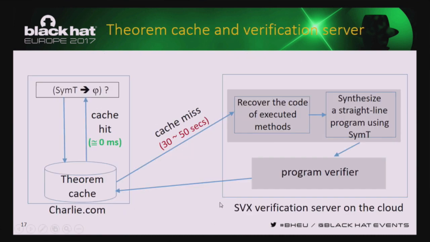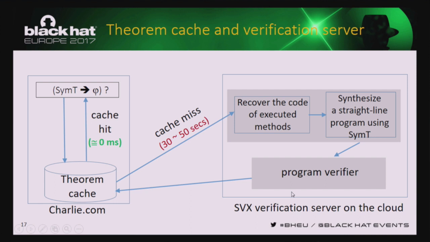Let me give a little bit more detail about this point. We want Charlie to prove this theorem: SymT implies the property. Now, Charlie has a theorem cache. If the theorem has been proven before, then the result is returned immediately. There is no performance overhead. However, if the theorem has not been proven, then it is given to a verification server on the cloud, which will first recover the code of the executed methods and synthesize a straight-line program using the SymT.